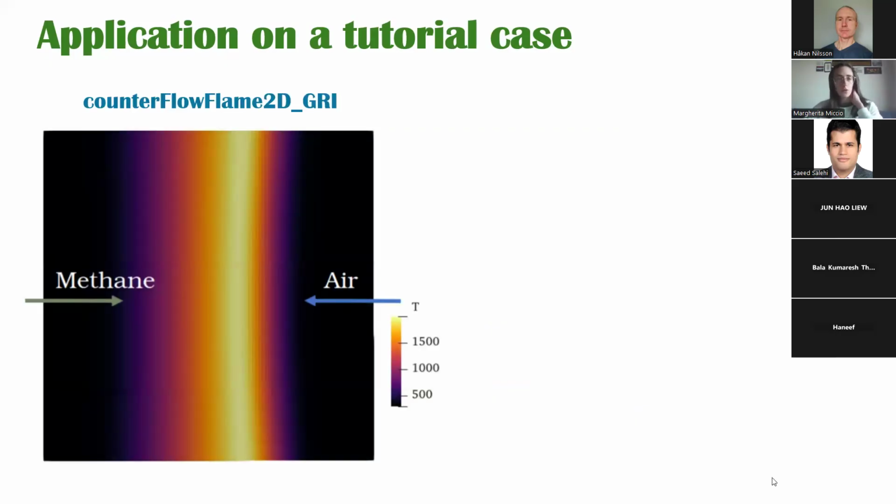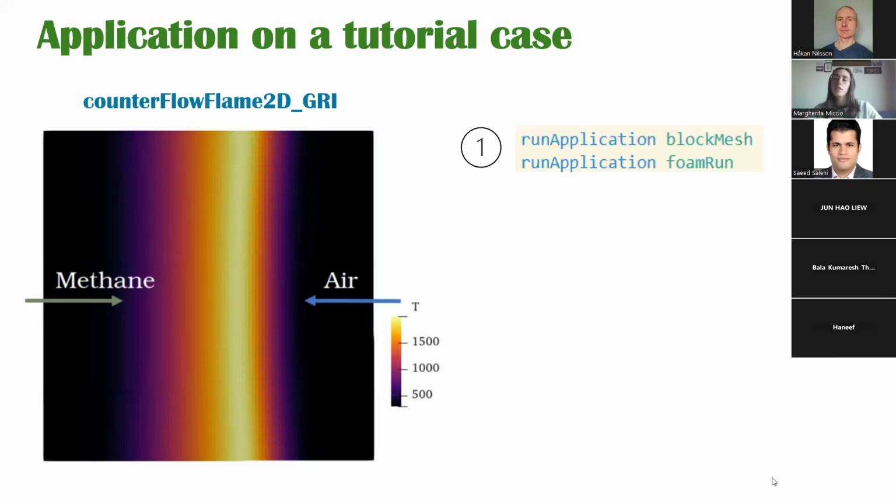So we have the counterflow flame tutorial, where we have methane and air meeting in the middle of the domain, igniting. We run this tutorial with blockMesh and foamRun, which will go into the controlDict, check the solver and start the multi-component fluid solver.